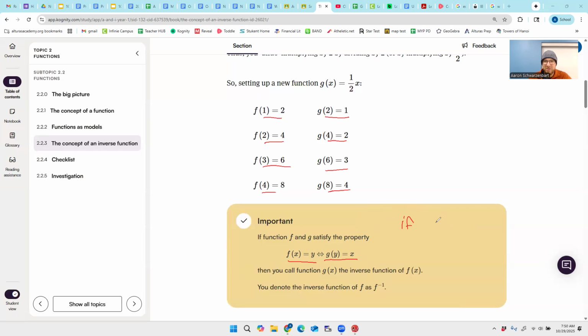Here's another one, or a property that's helpful. If f and g are inverses, and this is going to go into composition, which is really the next section, but you've done before. Both ways of composing, they have to equal x.